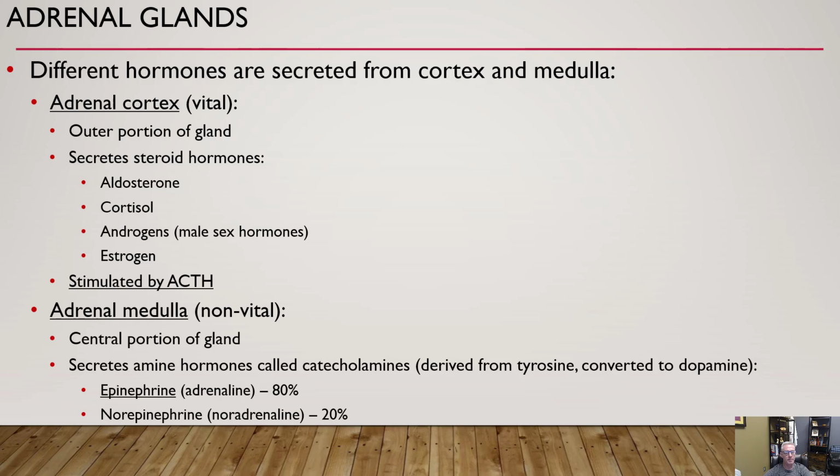All right, so the medulla is going to secrete these amine hormones called catecholamines. And if we look at the pathway, basically we're going to start with tyrosine. Tyrosine is going to get converted to dopamine, and dopamine is going to get converted into norepinephrine and then to epinephrine.